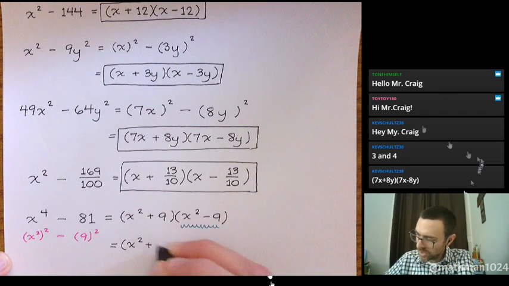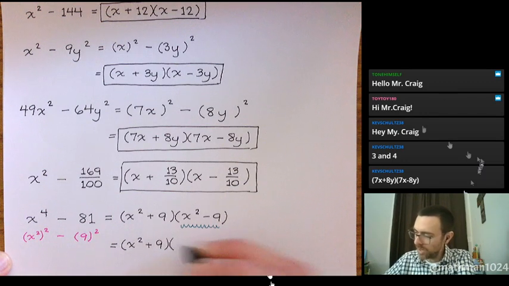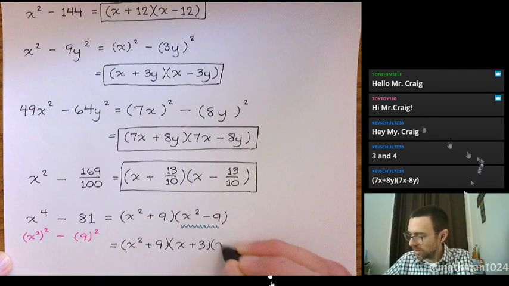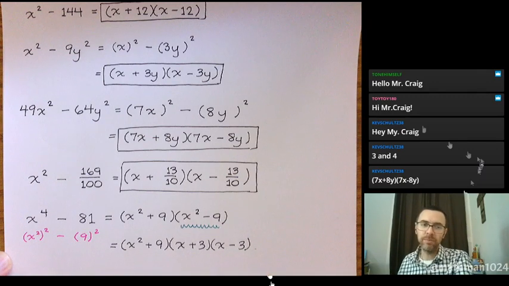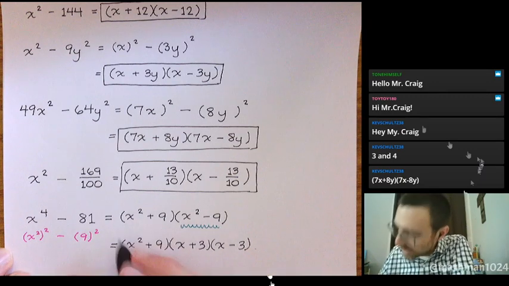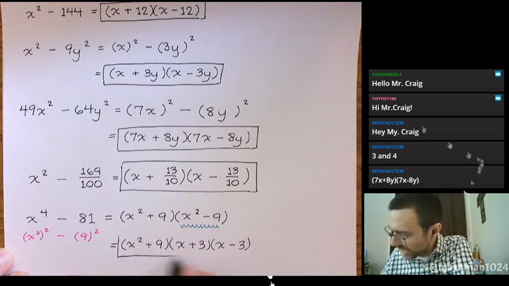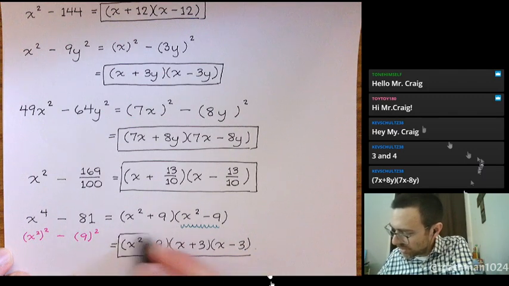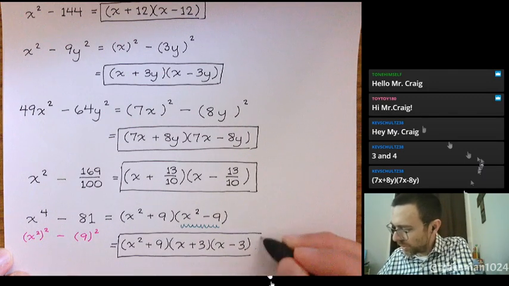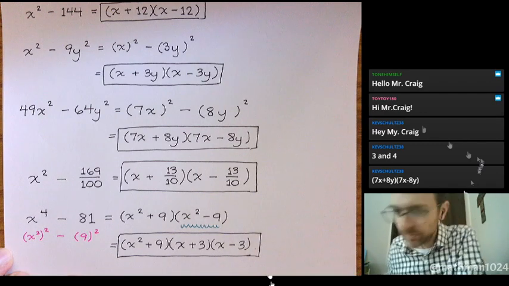So this stays as x squared plus 9, but then x squared minus 9 becomes x plus 3 times x minus 3. This is the complete factorization for x to the fourth minus 81.